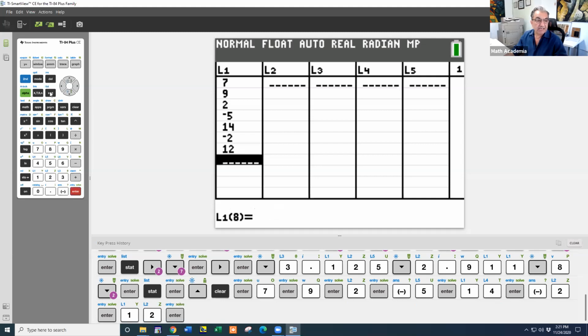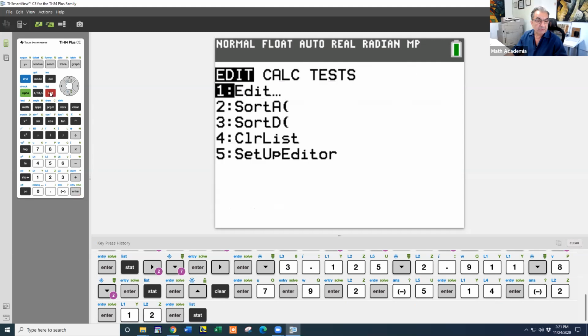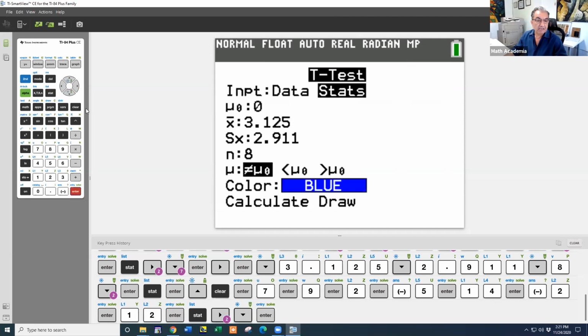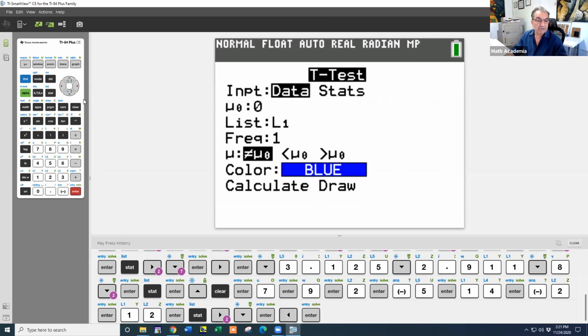Now let's just go test this directly. You can go to stat, test, and this is a t-test. Enter that. And here we're going to go to data because we didn't calculate the mean and the standard deviation. Mu sub 0 is mu sub d, which is 0. L1 is fine because our data is in L1.